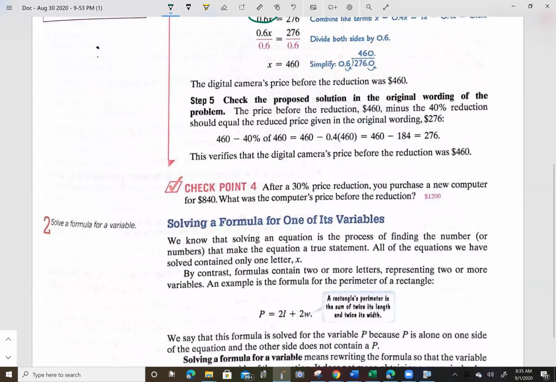So checkpoint 4, after a 30% price reduction, like I said in my head, if it's 30% off, then I am paying for 70% of the camera, which means 0.7 of the original price is equal to $840.